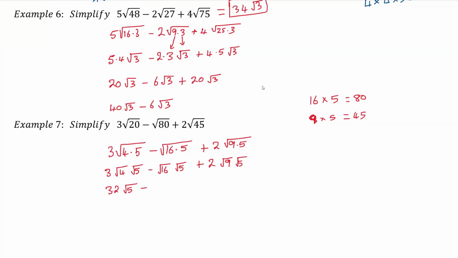Minus the square root of 16 is 4. And we leave the square root of 5. And then plus, we have 2 times the square root of 9 is 3. And then we leave the square root of 5. All right, so this gives us 6 square root of 5 when you multiply 3 times 2, minus 4 square root of 5, plus another 6 square root of 5.